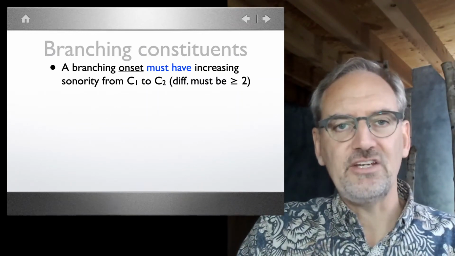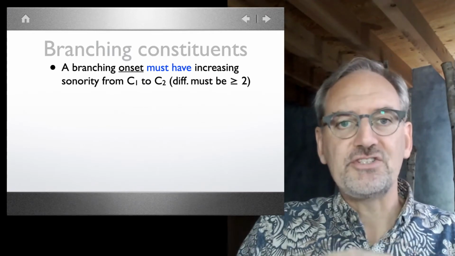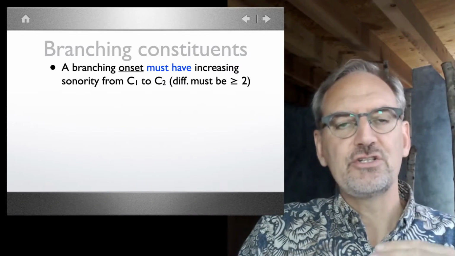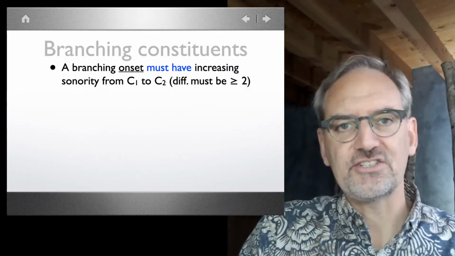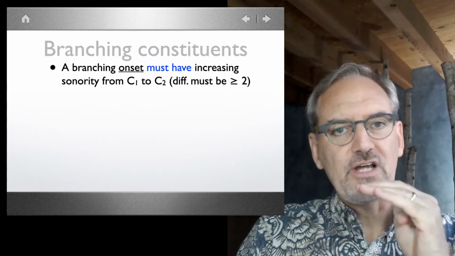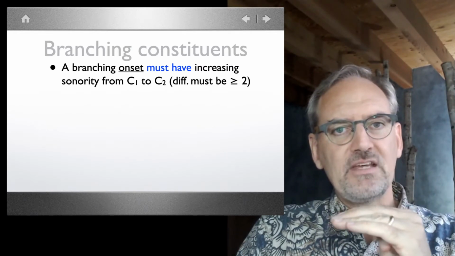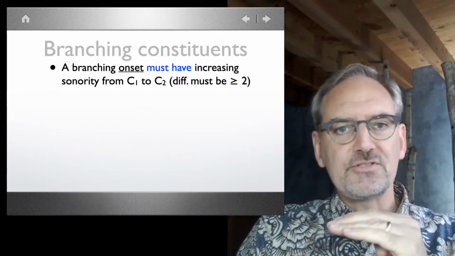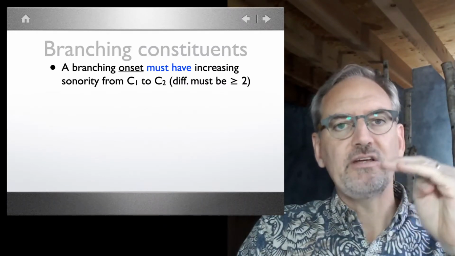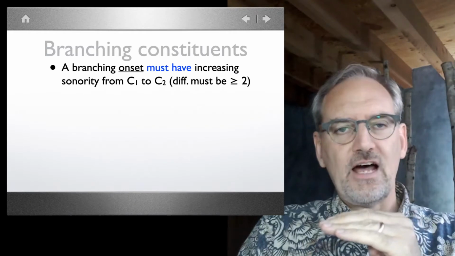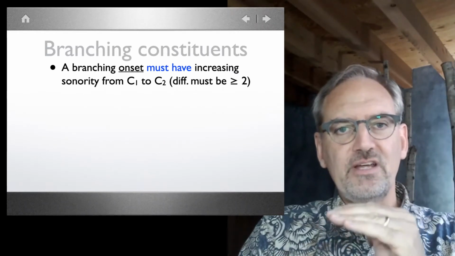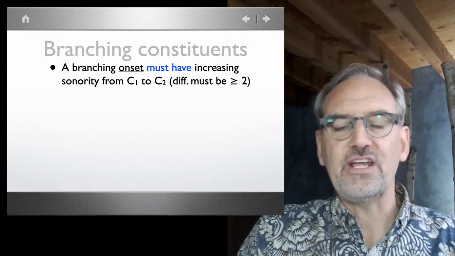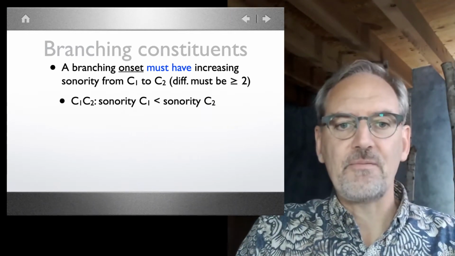Not only must there be increasing sonority, but the degree of difference between them must be at least 2 points on the sonority scale. So an obstruent is at the bottom, nasal is just 1 point higher. Obstruent liquid would be 2 points higher. Obstruent glide would be 3 points higher. So that's what I mean by degree of difference in sonority.